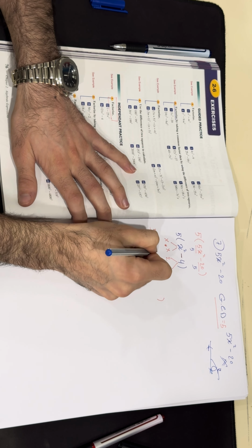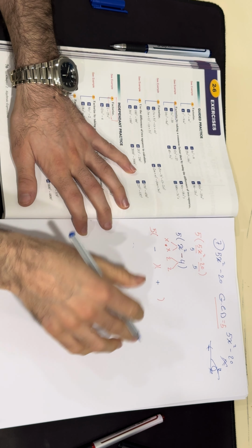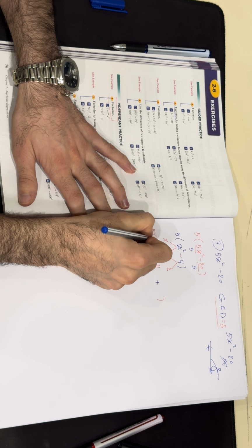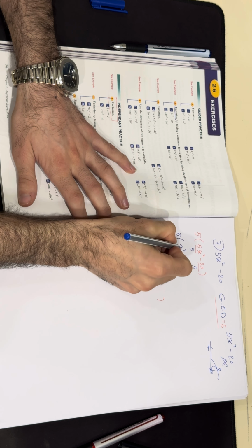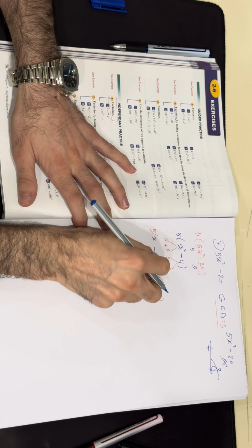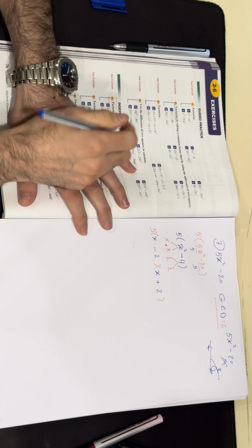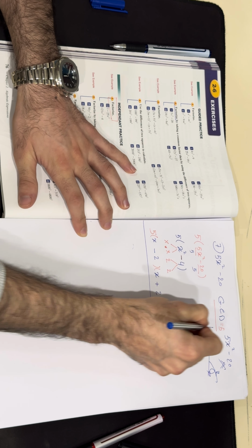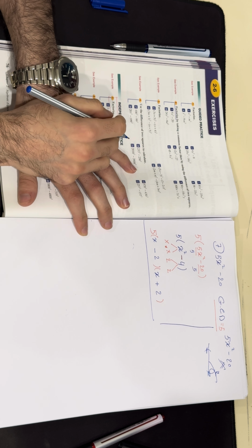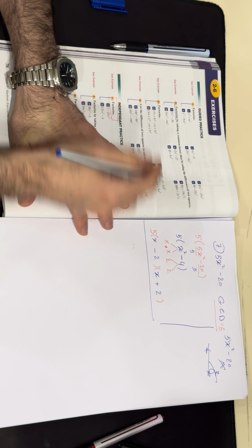Then open 2 brackets, one of them minus, one of them plus. If you change their place, it's okay. Then the first one is x, because x came first. Then the second one will be 2 and 2, because 2 came from the 4 which is in the second place. That's how to factorize an expression by taking a common divisor.